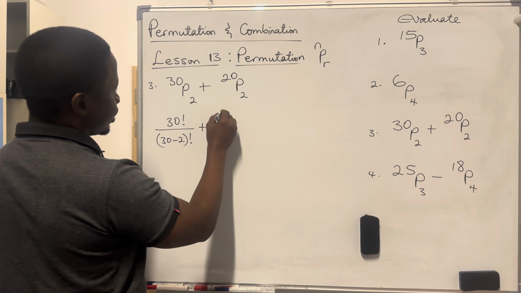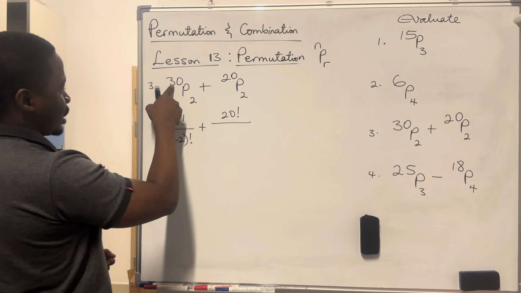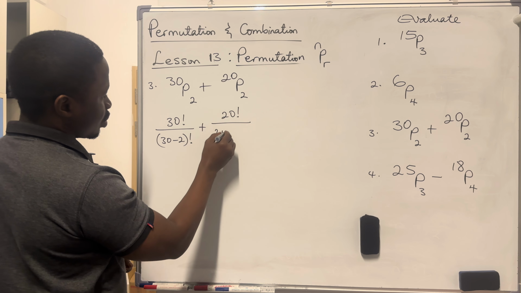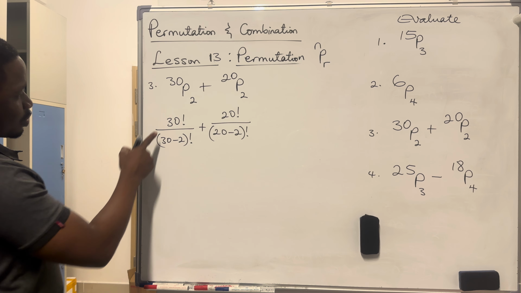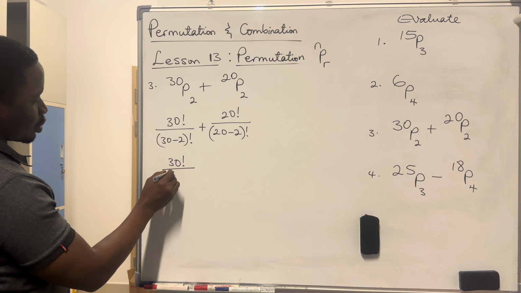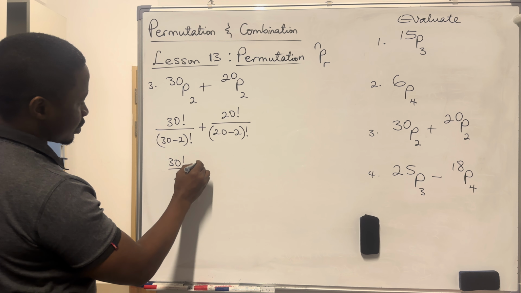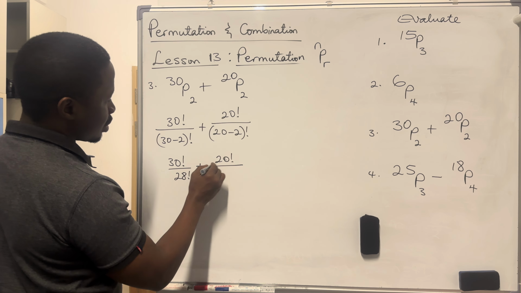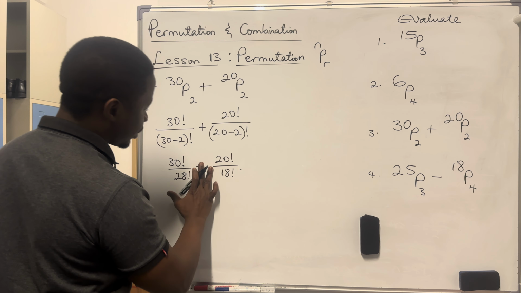Here again, 20 factorial over 20 minus 2, which is 18 factorial.